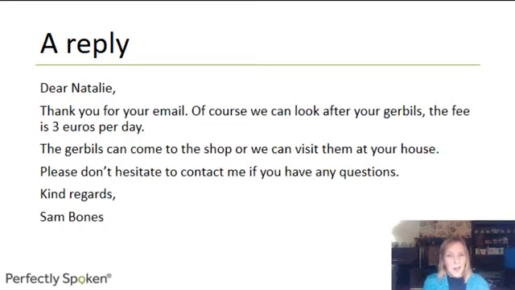The gerbils can come to the shop or we can visit them at your house. Please don't hesitate to contact me if you have any questions. Kind regards, Sam Bones. I like Sam Bones. He's very polite and fantastic. Now I have a solution for my pets in the summer.